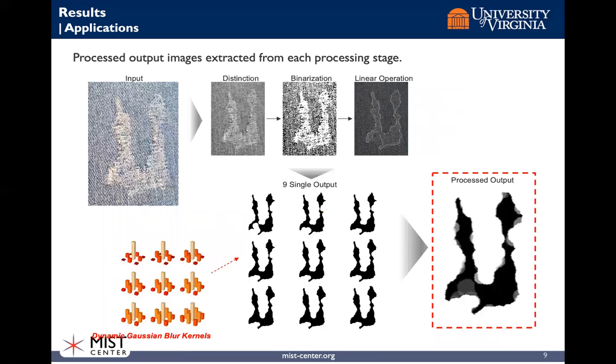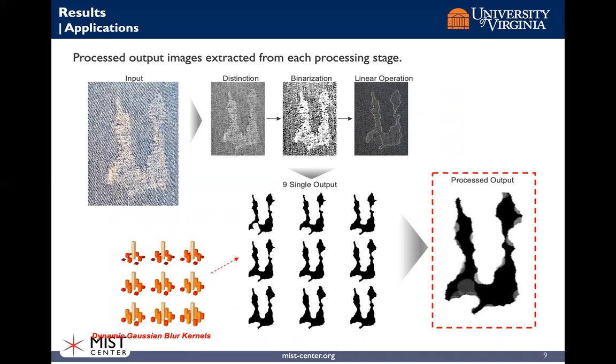And using those 9 Gaussian kernels, we have processed the defect detection using the fabric patterns shown, through the convolution, binarization, and linear operation process. Then we were able to achieve 9 different images that could be combined into one process output. We have used those 9 Gaussian blur kernels shown in the previous slide, which are set by the 1T1R system through the hardware.